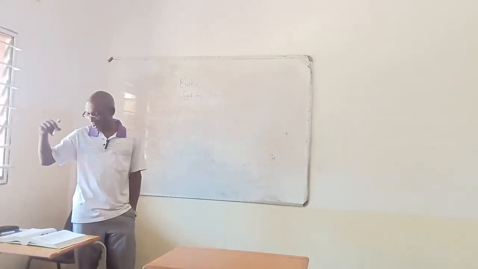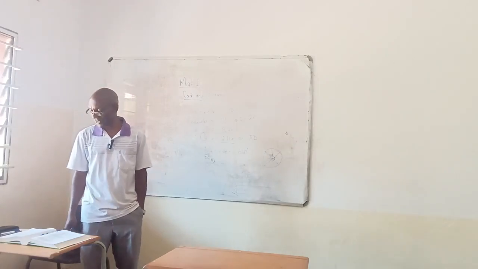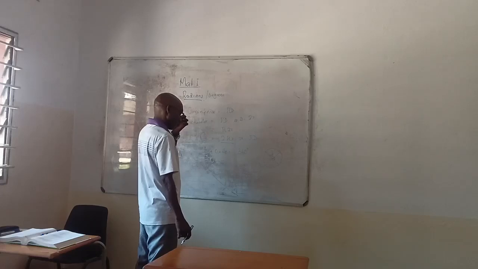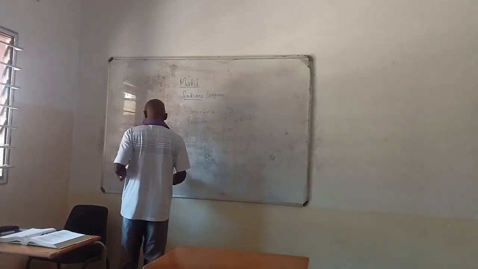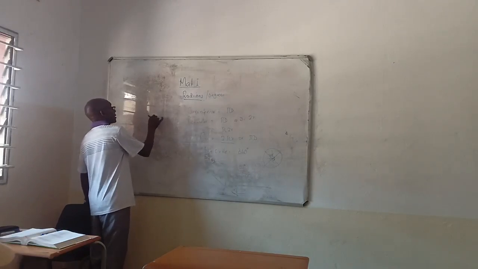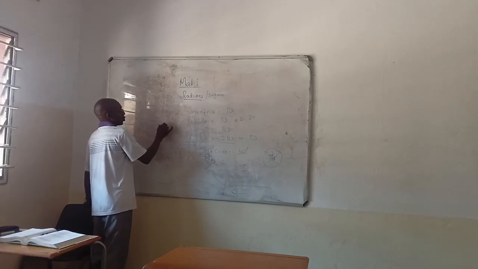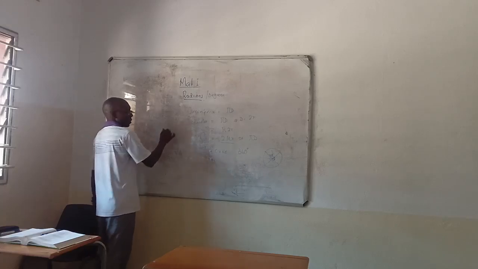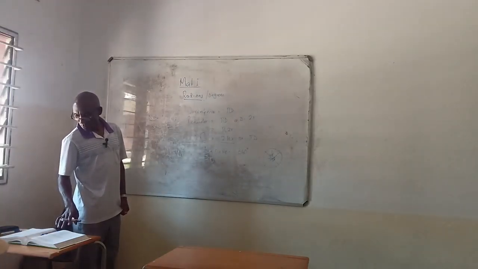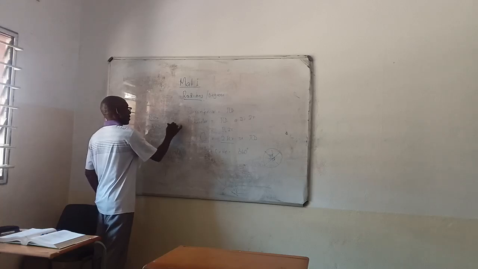If you add the angles together, it corresponds to 2 pi radians. So 360 is 2 pi radians. Note that: 360 is equal to 2 pi radians.